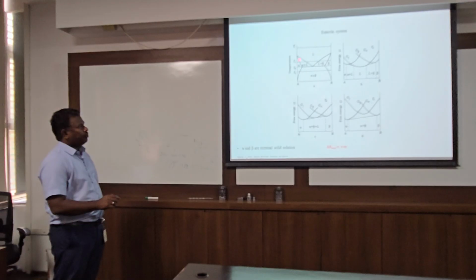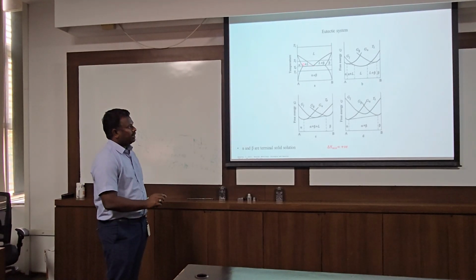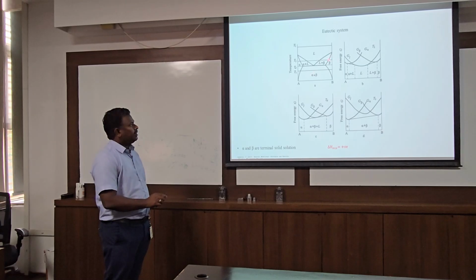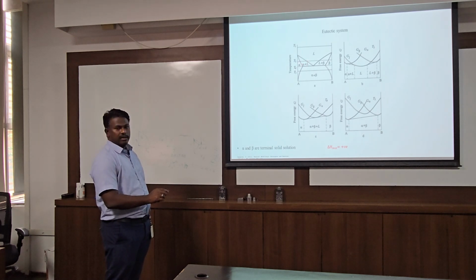But this is the pro-eutectic. So when you take from here to the left side, we call this the hypoeutectic. And whatever transformed solid you have from here to here, that is the pro-eutectic.